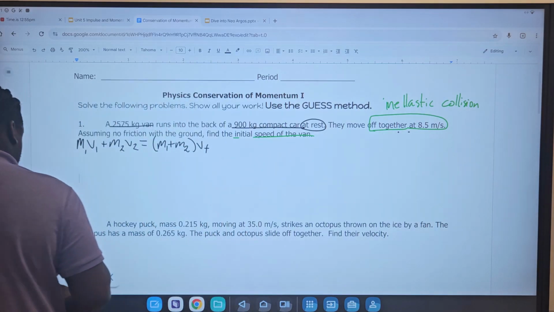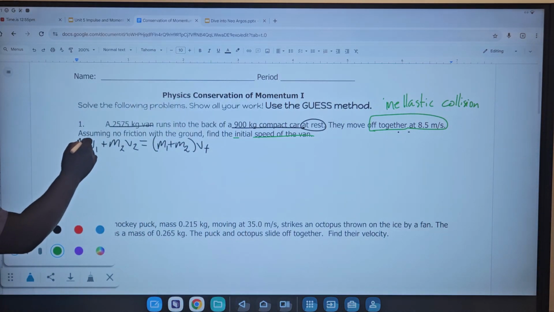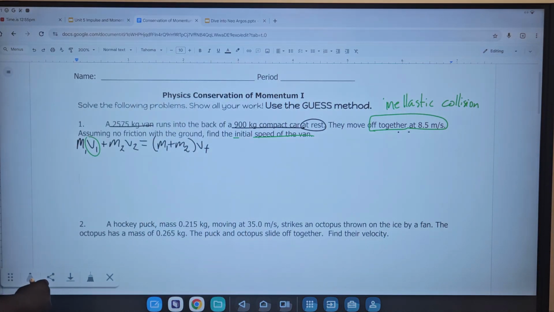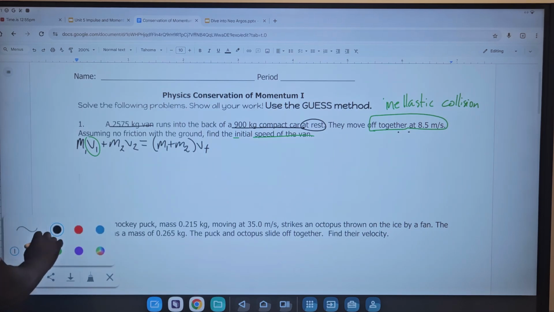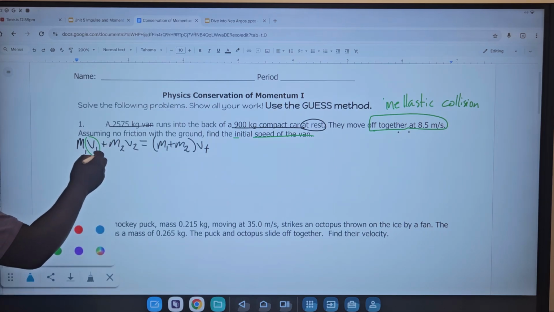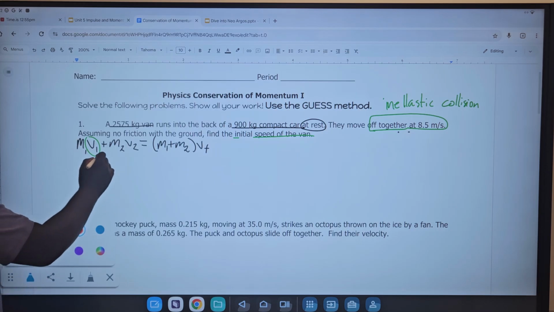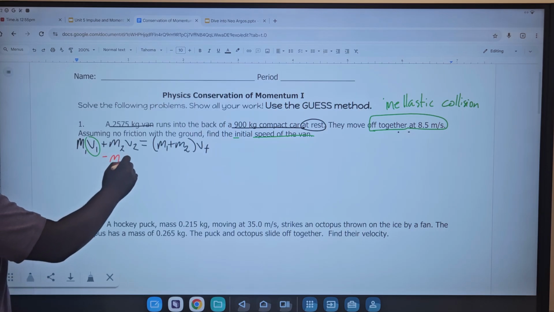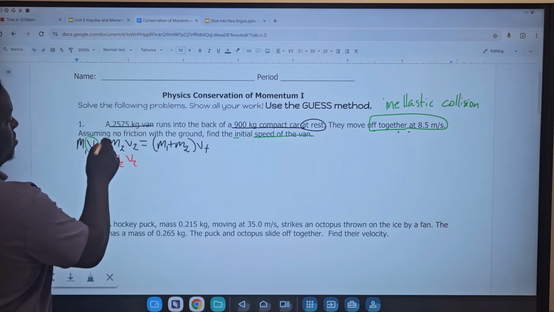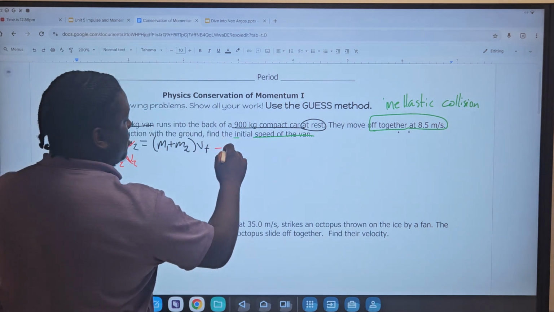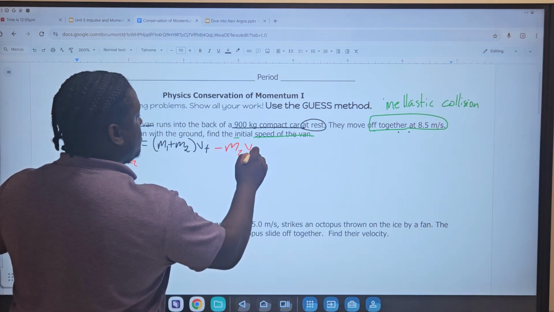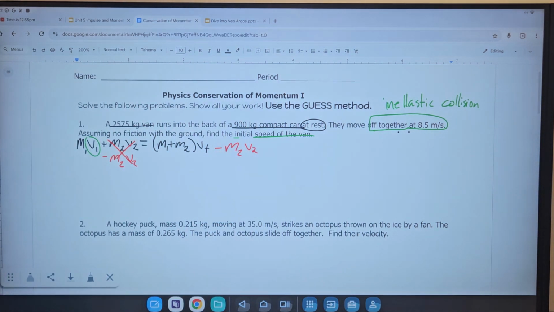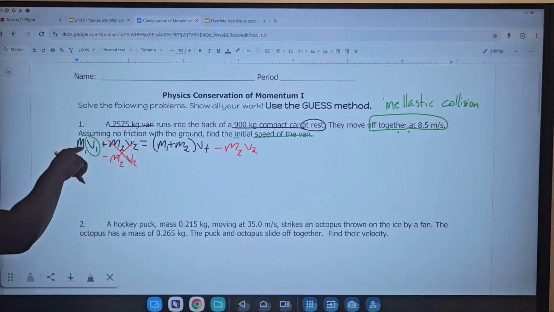So, like before, our goal is to get V1 by itself. What we can do is, let's say we have all this junk in the way. The first junk we want to get rid of is this M2 V2. We subtract it from one side and put it on the other. All right, cool. After that, we still have this bit of junk attached to it, and they are being multiplied.